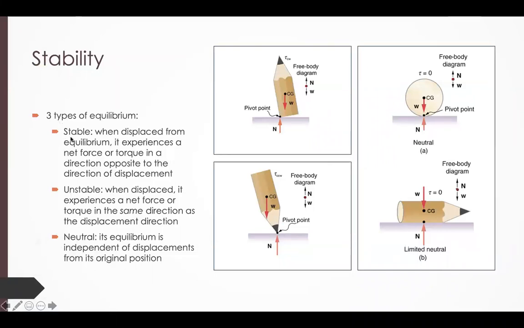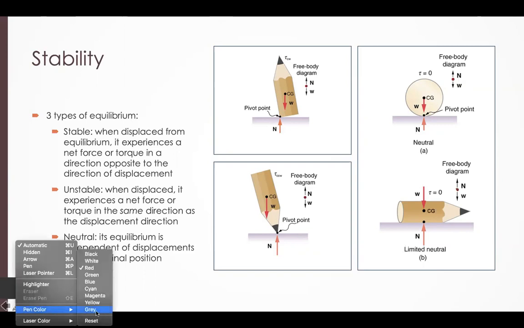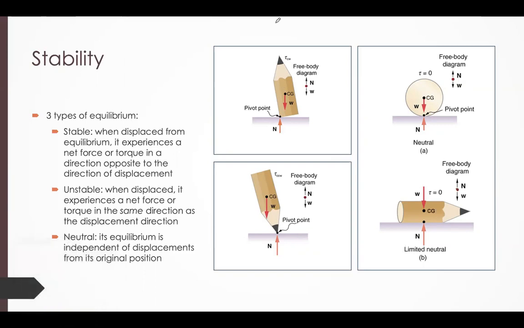Let's start with the stable one. That is going to be the idea that when an object is displaced from equilibrium, it experiences a net force or torque in a direction that's opposite of the direction of displacement. So take this one for example.